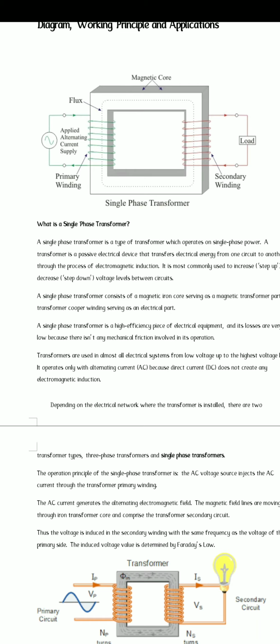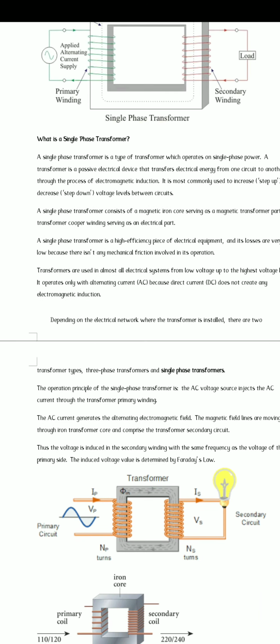When the flux reaches the secondary winding, the secondary winding gets energized and produces some amount of EMF. That EMF is collected and transferred to the load. There is a variety of loads. Mainly, single phase transformers are used in rectification and converter processes.